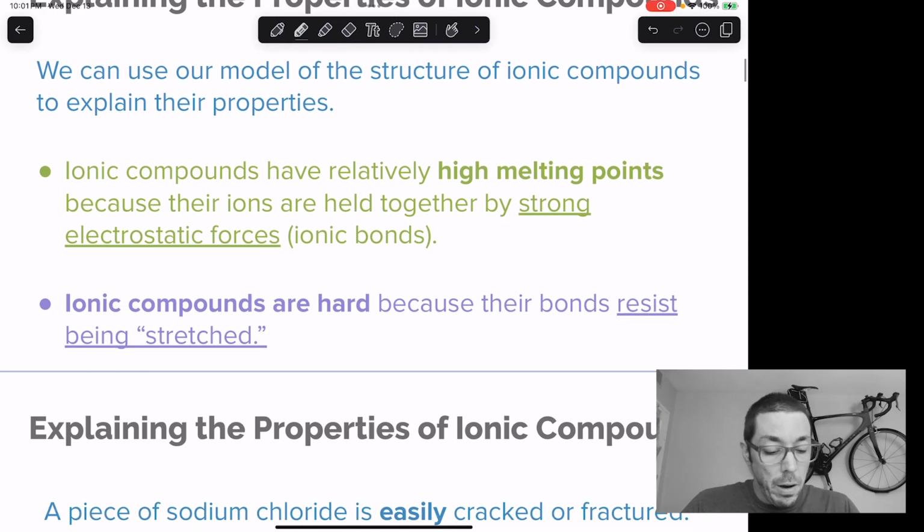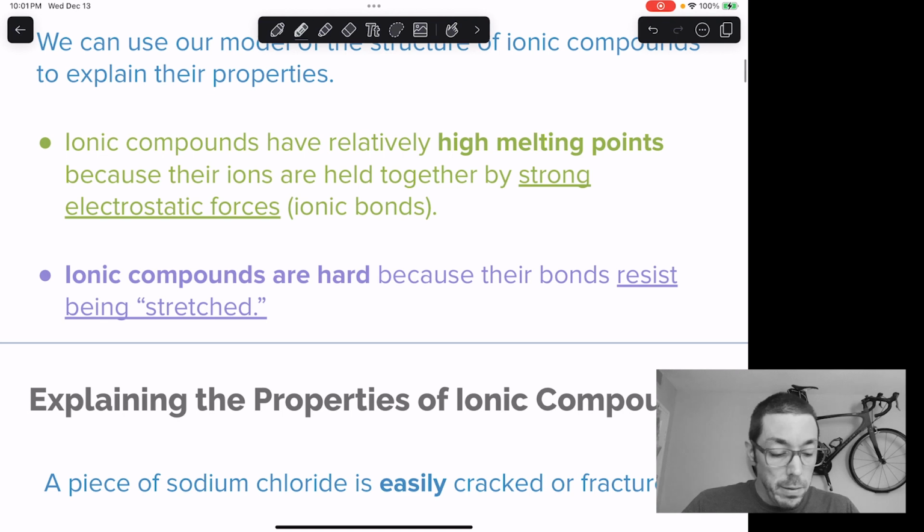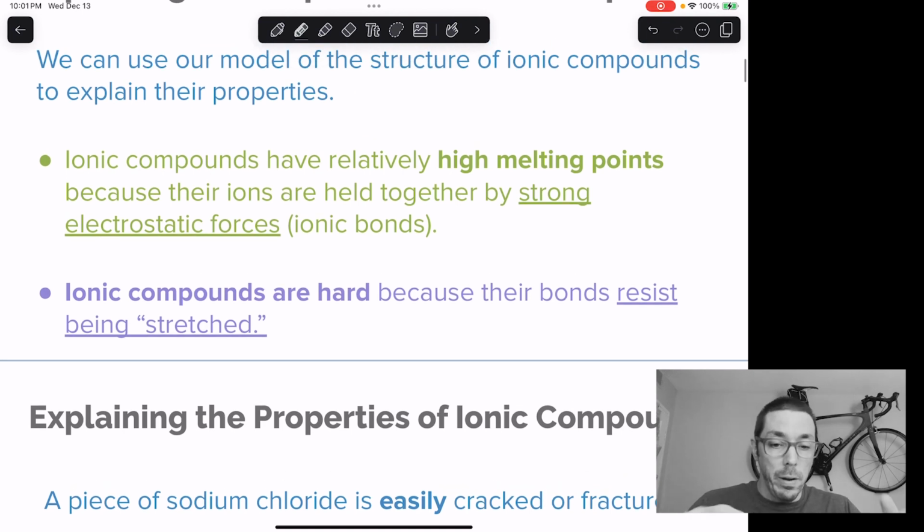Ionic compounds are hard because that network of alternating charges resists being stretched or adjusted in some way. It's kind of locked in. Imagine you had a bunch of positive and negative magnets all stuck together, and then you started to build it out into this huge square shape.